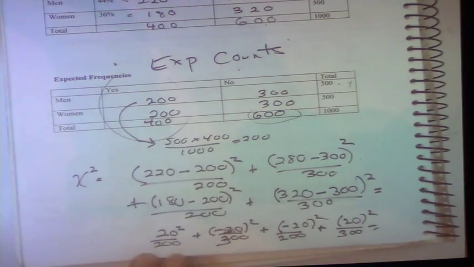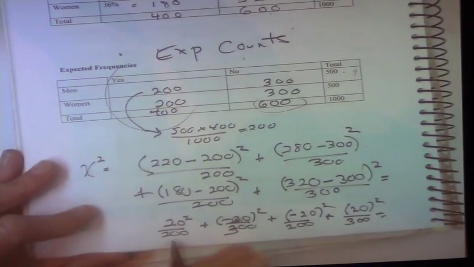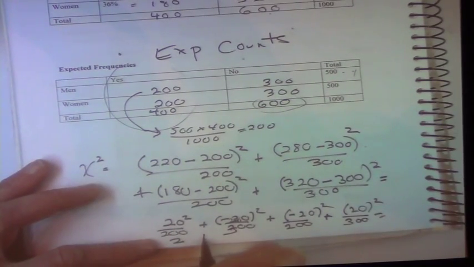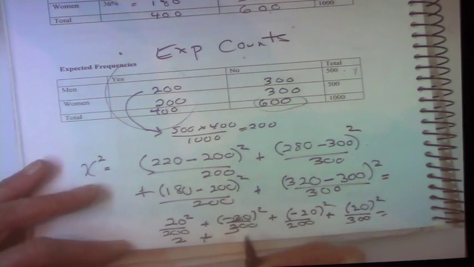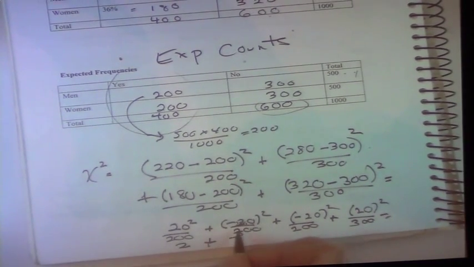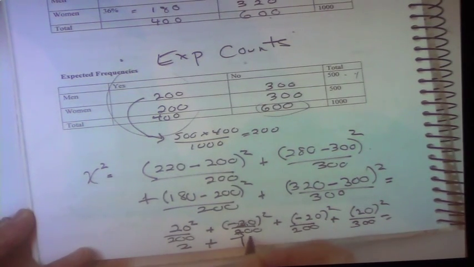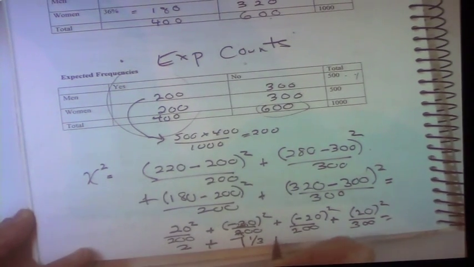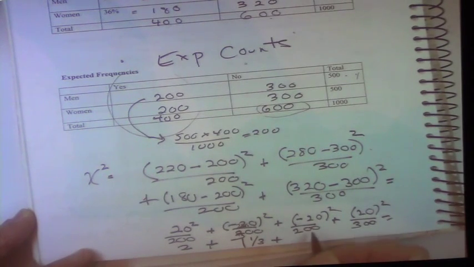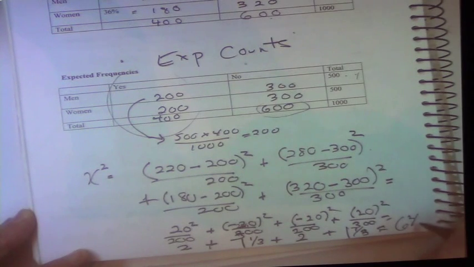So what do we get? This is 400 over 200, which is 2, and this is 400 over 300, which is 1 1/3. So we get 6 2/3 as our answer.